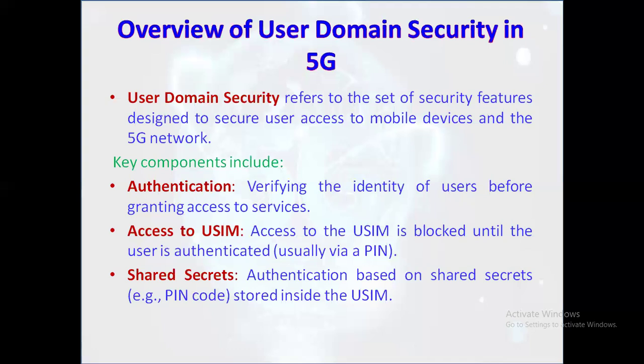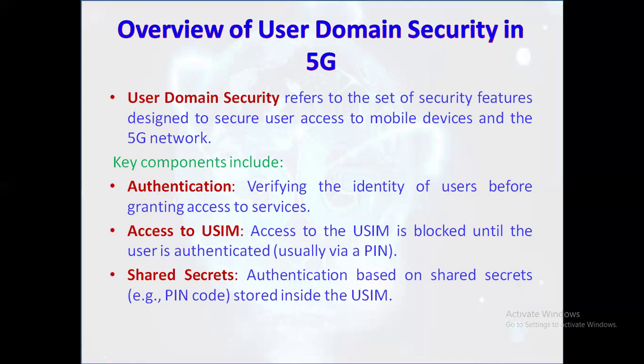One of the foundational aspects of user domain security is the protection of the USIM. What is USIM? USIM means Universal Subscriber Identity Module, within your mobile device. Access to the USIM is blocked until the user provides valid authentication, typically through a PIN code.